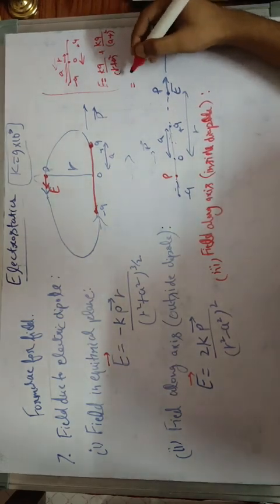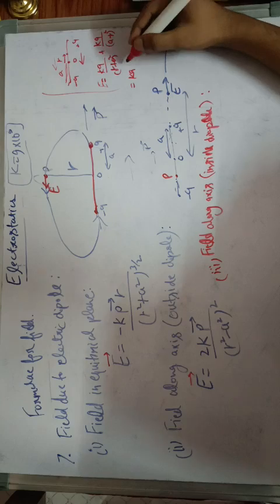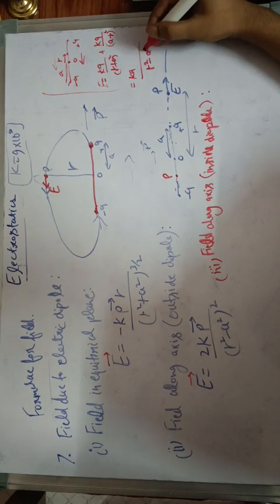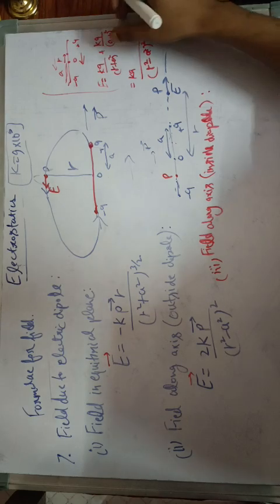This becomes kq upon r square minus a square whole square.